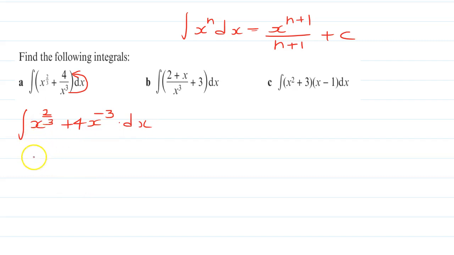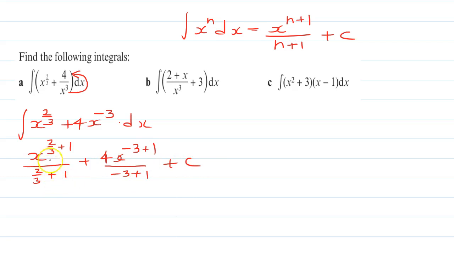So integration of x to the power 2 over 3 is x to the power 2 over 3 plus 1, divided by 2 over 3 plus 1, plus 4 x to the power minus 3 plus 1 divided by minus 3 plus 1, and plus constant c. Once we solve this, 2 by 3 plus 1 becomes 5 over 3, and here also 5 over 3. So let's write down here x to the power 5 over 3, and this 5 over 3 will be reversed, that is 3 over 5.